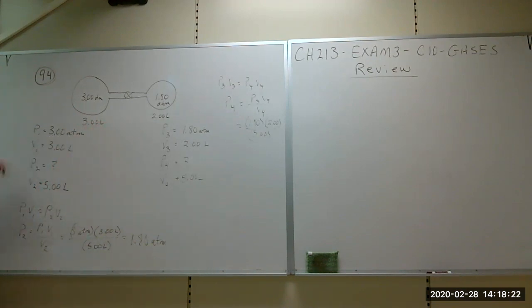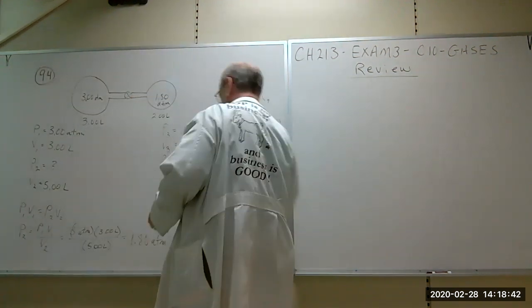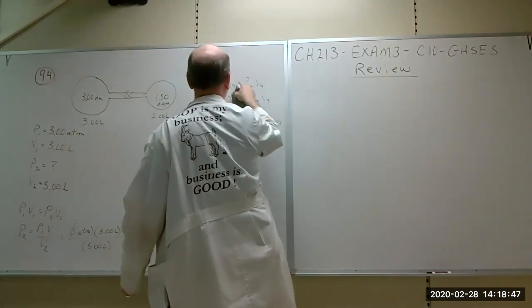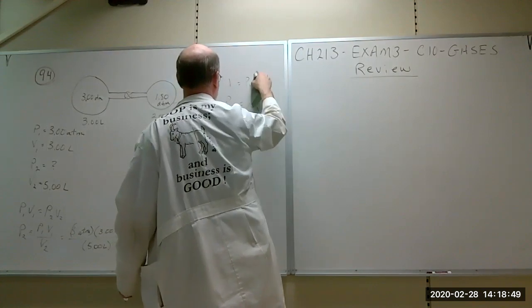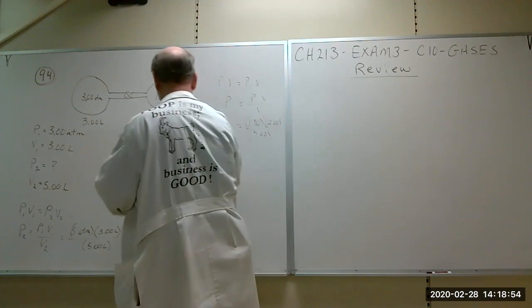Okay. So P1, V1 equals P2, V2. So P2 we're solving for here. V2 comes underneath. P1, V1, 5. 9/5 is 1.8. Okay. I think the problem is that.